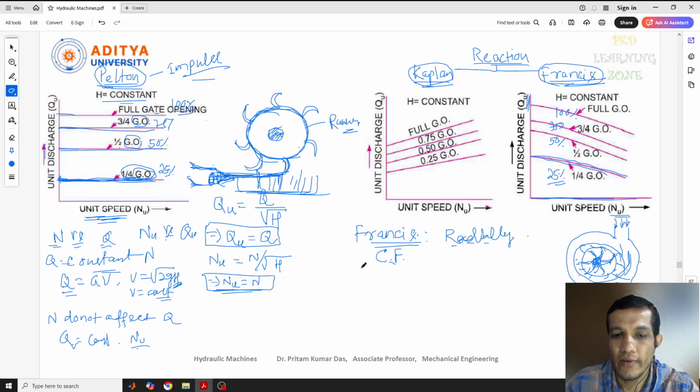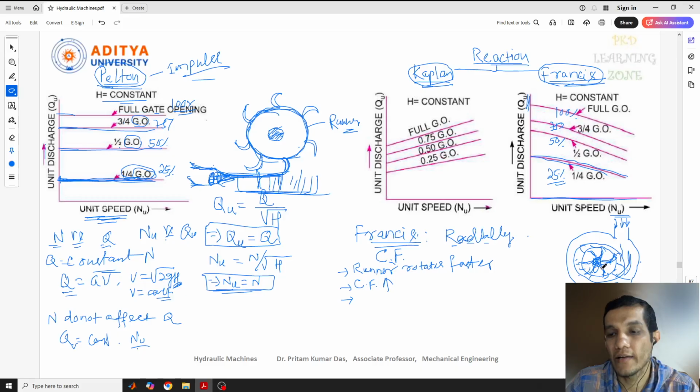So in this case, the runner rotates very fast, and with the runner, the centrifugal force acting on the water also increases. And the pressure difference, we know that we have the pressure difference at the blade. On one side one pressure will be there, and on the other side, after striking, when it is going out, there will be a lower pressure. That means there is a pressure difference.